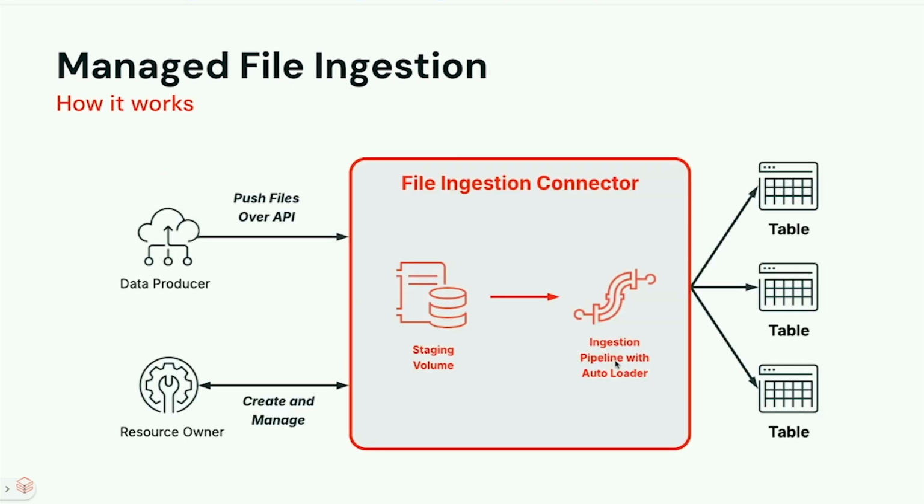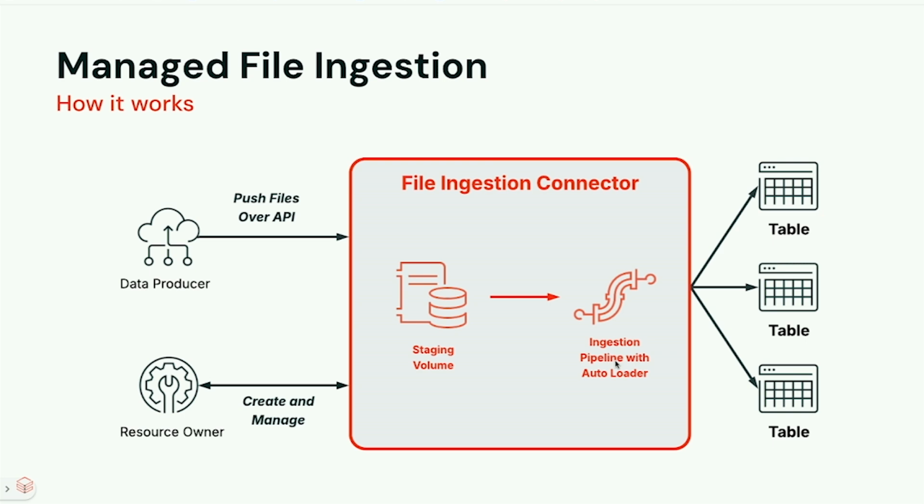Let's see how it works at a very high level. We've designed the connector with two personas in mind. First is the resource or ingestion owner, who interacts through an API to define the ingestion pipeline. This includes just defining the destination table where you want to ingest your data.